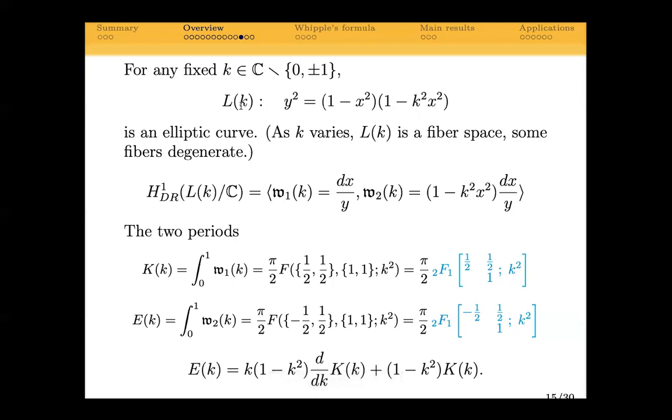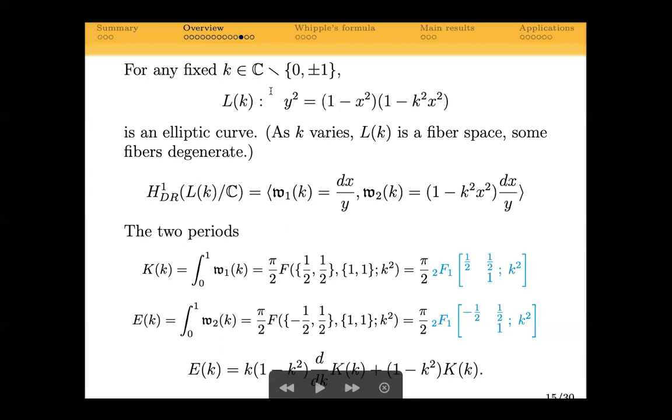If you fix a k which is different from 0 and plus or minus 1, and x is the parameter in CP1, y squared is going to create a double cover of CP1, avoiding x equal to plus or minus 1 and x equal to plus or minus 1 over k. So it's a double cover ramified at 4 points. What we get will be an elliptic curve.